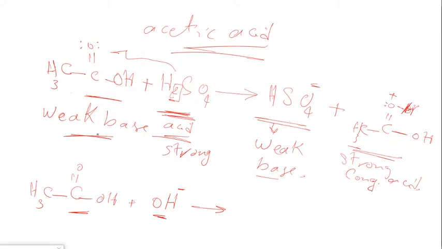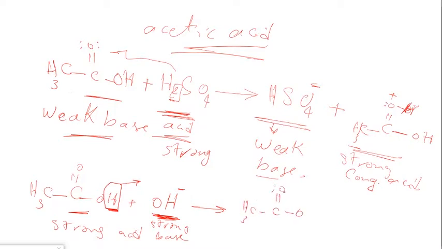In that case, the acetic acid will act as an acid, and the base, because it is a strong base, is accepting one proton of the acetic acid, so it will take out this extra proton from the acetic acid.